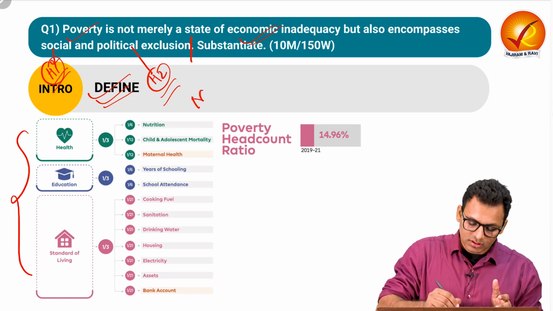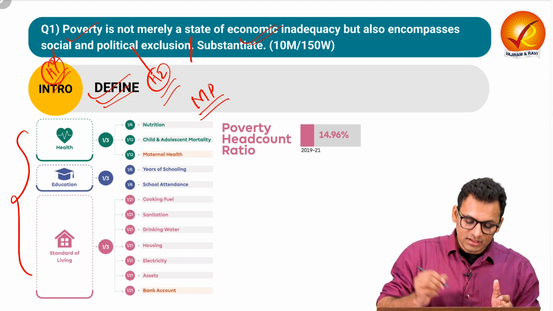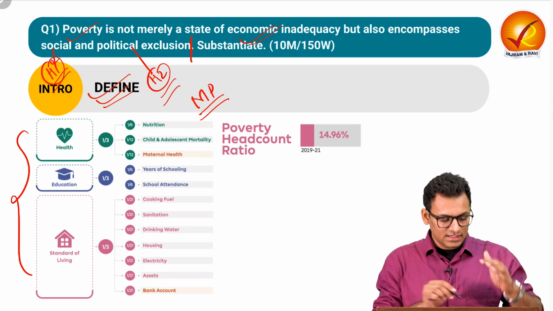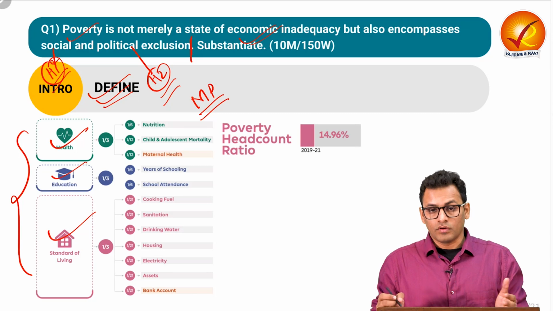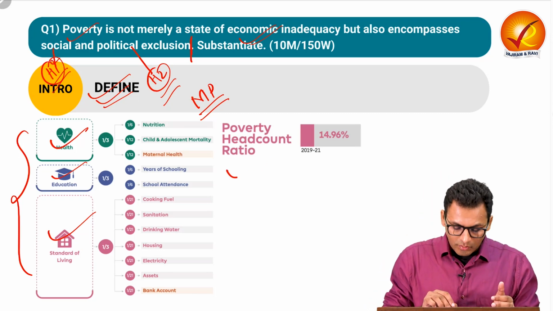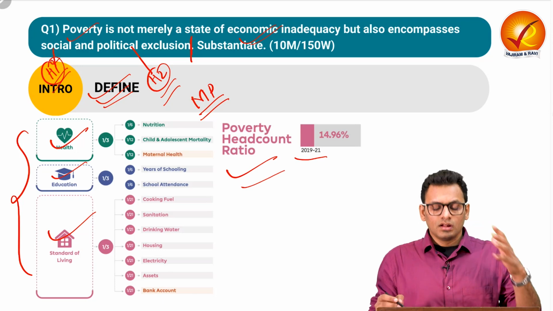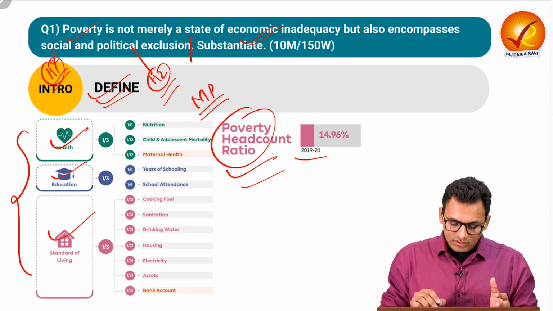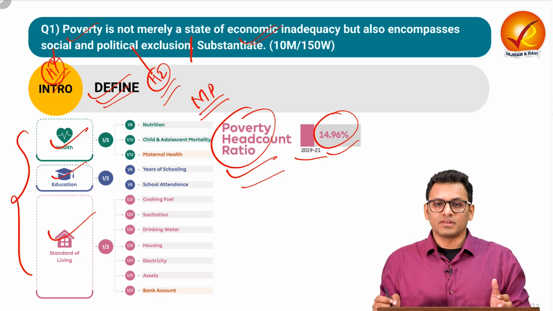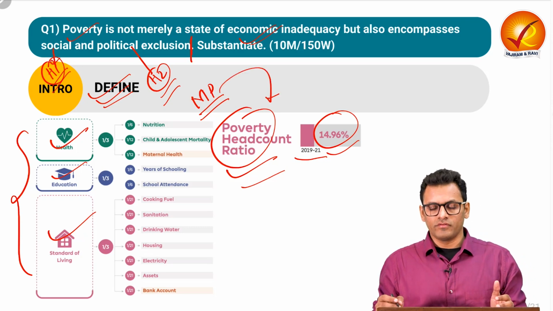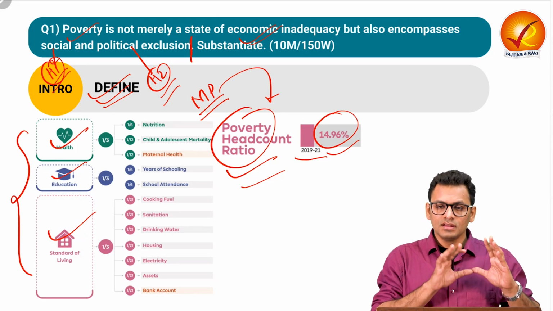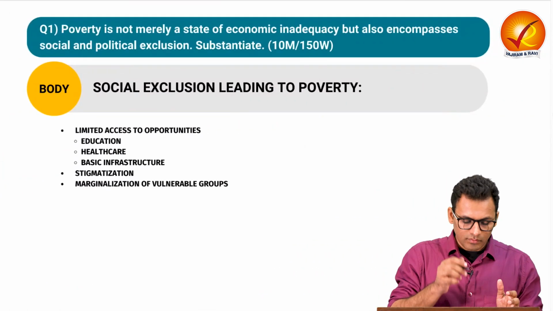You can talk about multidimensional poverty and various parameters with respect to it. You can also cite data points: in 2019-21, the poverty headcount is 14.96%. Again, this is with respect to multidimensional poverty. With this you can finish your introduction and move to the body.